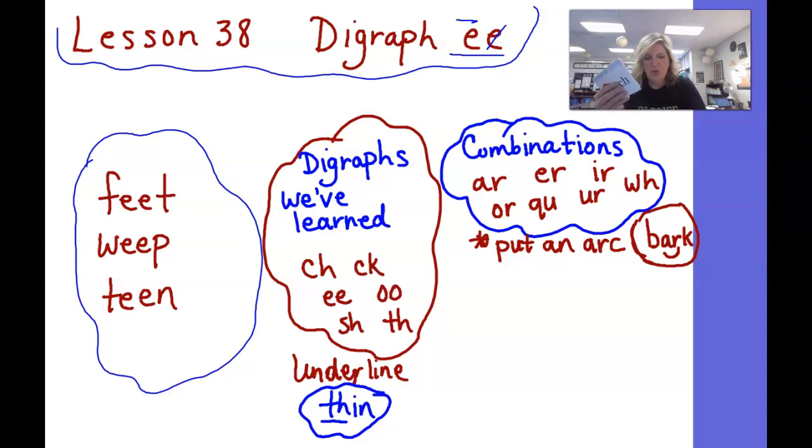Okay, so let's do some combinations. Whale. Cheese. I'm sorry, that's a digraph, not a combination. Okay, digraph SH, shark.